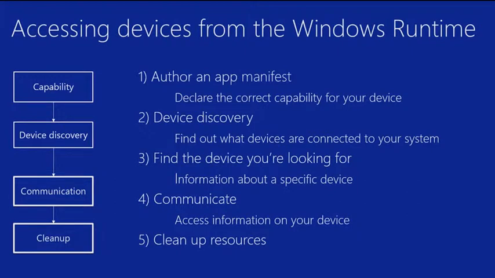And here's a little flow diagram that shows what the pieces are that are required to actually go through and build a device app. This is what we call the accessing devices in the Windows runtime flow. There are 4 main steps that apps will tend to follow in order to get started. The first is to declare a capability.